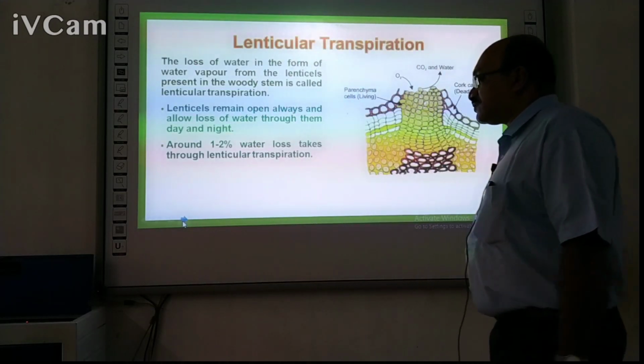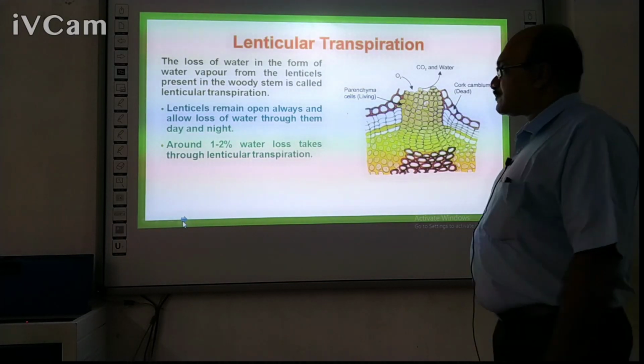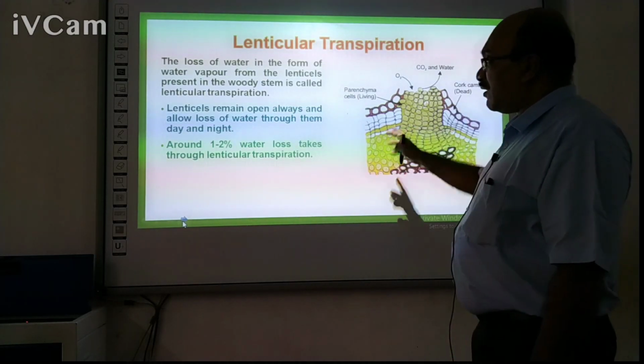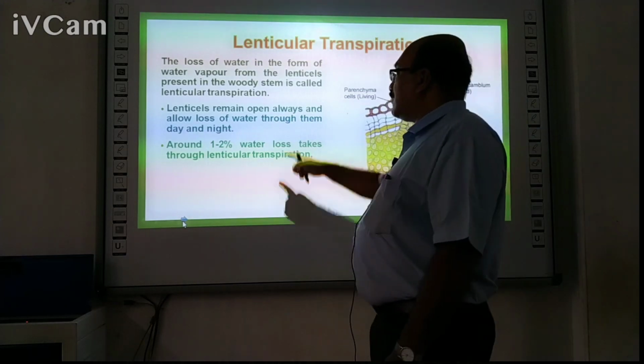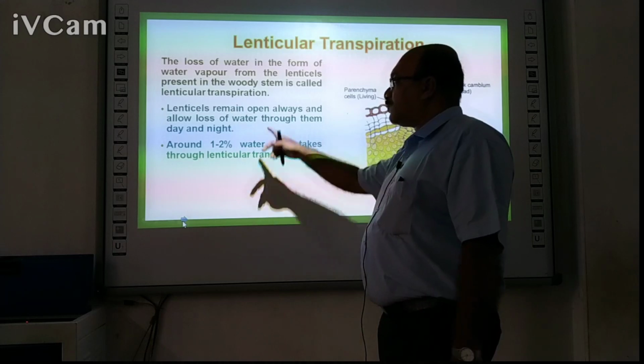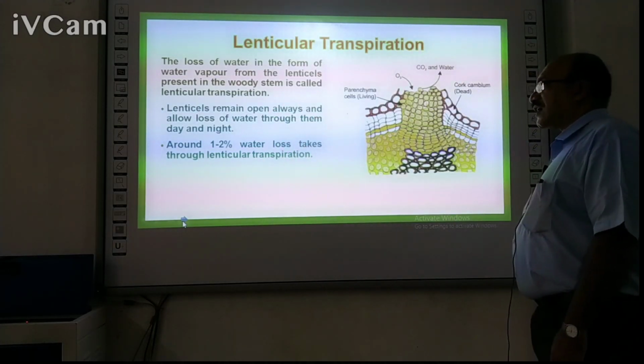I hope you understood the opening and closing of stomata. Next we come to lenticular transpiration, as we already discussed about lenticels. The loss of water from the lenticels in the form of water vapor from the woody stem is known as lenticular transpiration.